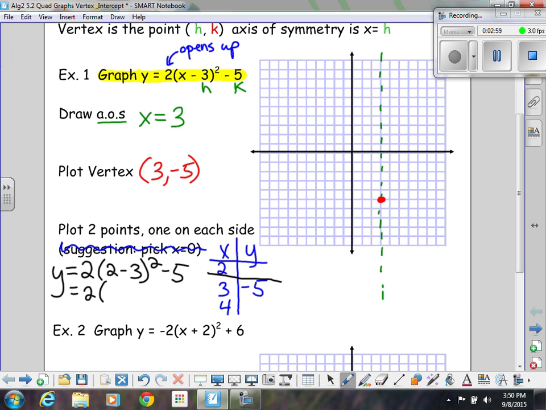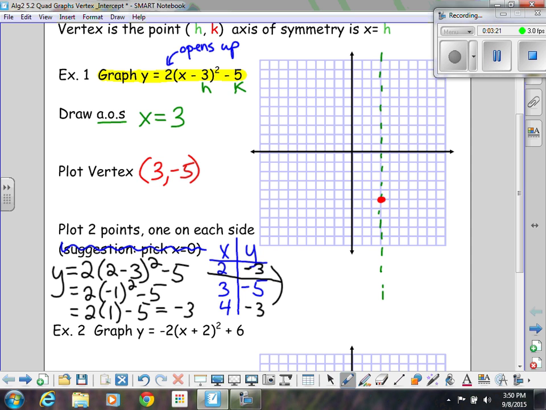So 2 minus 3 is negative 1 squared. Now I'm going to do the exponent, so negative 1 squared is positive 1. And then I'm going to have 2 times 1 is 2, and then minus 5 is negative 3. So I know my y coordinate is negative 3. And remember from the previous lesson that we know that this should match down here.